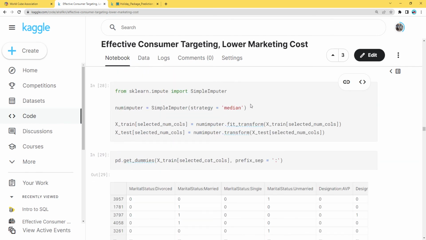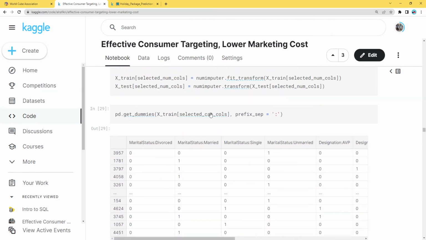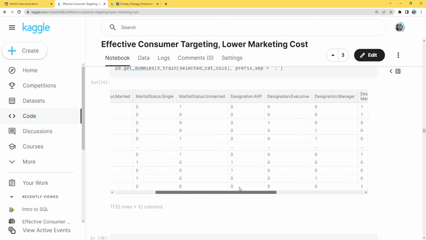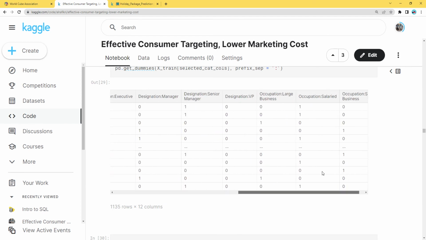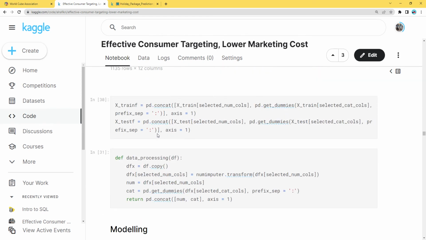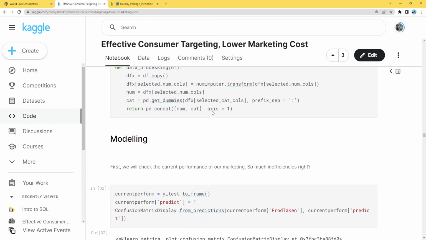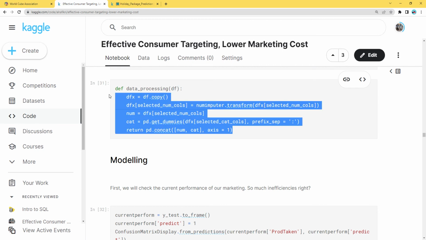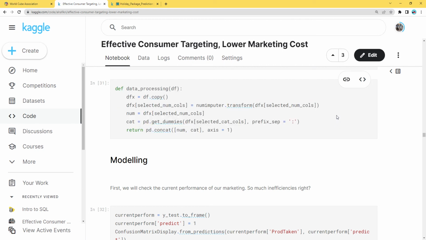We use the median imputer, and then to make the categorical columns numerical, we use get dummies. Okay, here are our one-hot encoded categorical columns, and in our final X train and final X test, we can get both. Okay, and this is the function to compile.